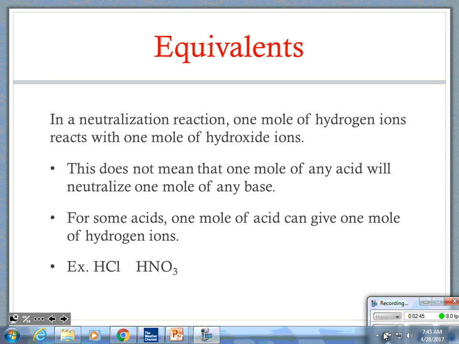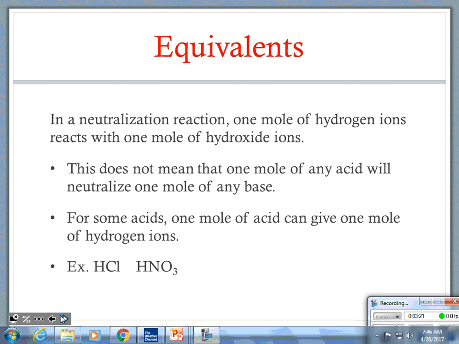It is correct. They are monoprotic. Why? Because they only have 1 hydrogen. Excellent, Maddie. So, how many hydrogen ions do you think that would have? You would tell me 1, because it only has 1 hydrogen, correct? Does that make sense? Monoprotic, only 1 hydrogen there.